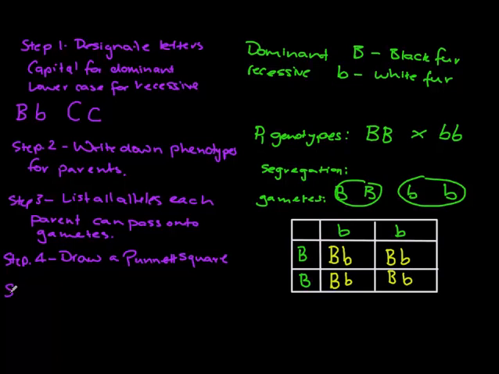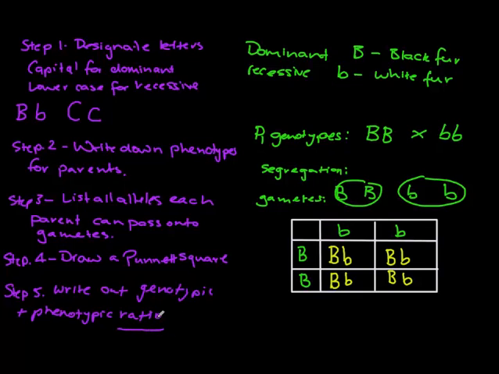So step 5, we write out the genotypic and phenotypic ratio. We note that it is asking us for a ratio, and sometimes it might ask us for a percentage. In this case, it's asking for a ratio, so this is what we're going to provide for them.